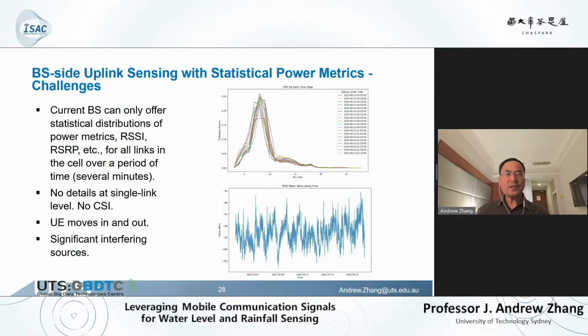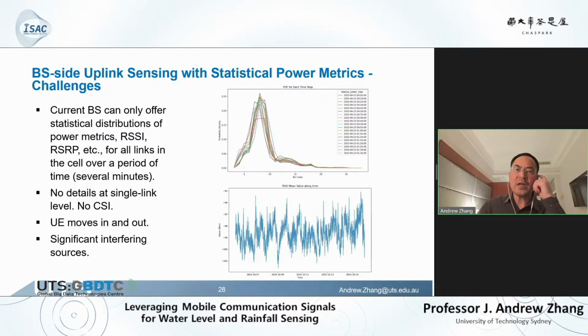In addition to using software-defined radio for sensing at the downlink, we also did sensing at the base station side. As I mentioned earlier, the current base station devices cannot output CSI. They cannot even output the power strength for a single device.